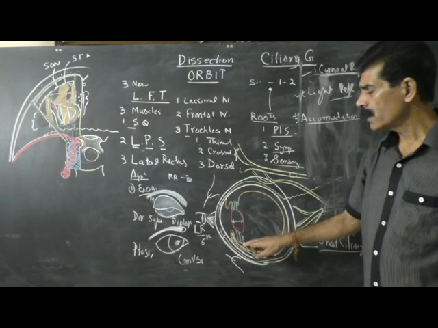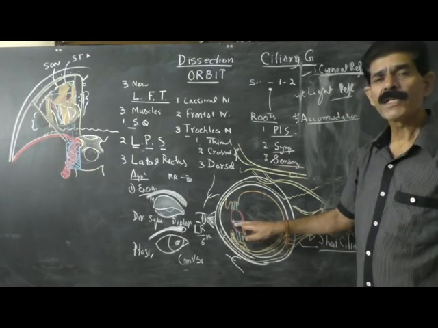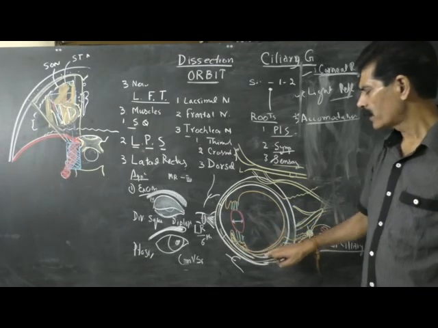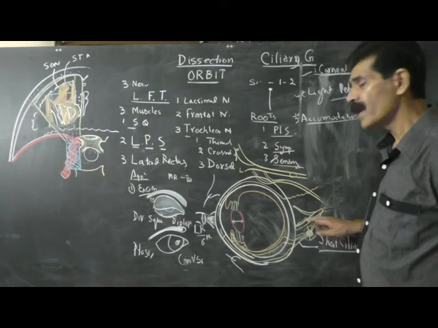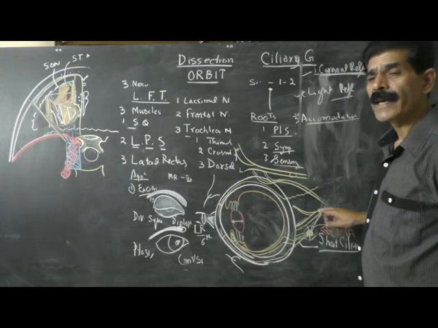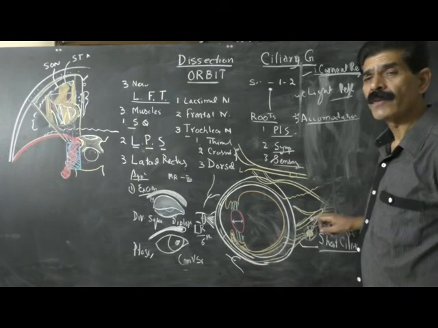It means his ciliary muscles in the ciliary body are not working because no change of the lens is done, and these ciliary muscles are supplied by the ciliary ganglion, short ciliary nerve. It means the ciliary ganglion is damaged, or the oculomotor nerve is damaged, which carries the parasympathetic fibers to the ganglion.